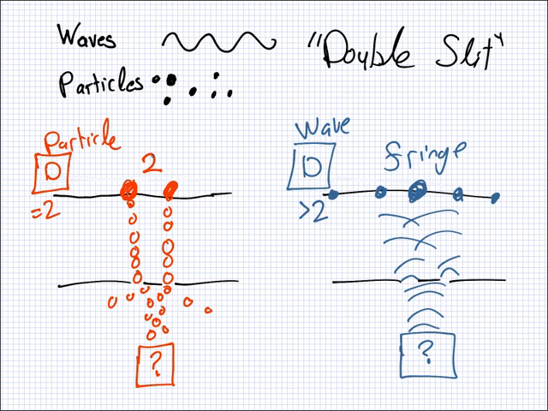If you have a particle fired through the double slit, you will get two fringes. If you have a wave fired through the double slit, you will get more than two. You'll get a fringe pattern. This means you have a wave.